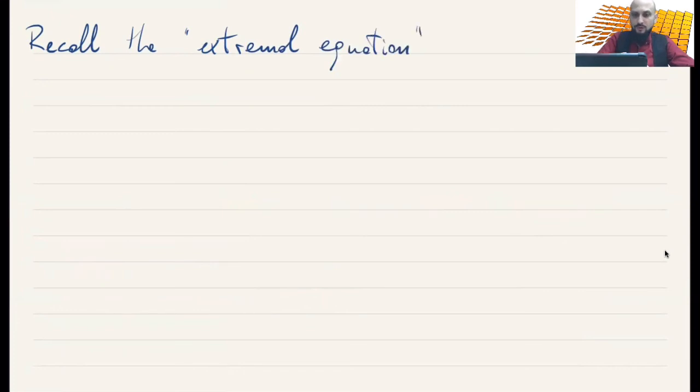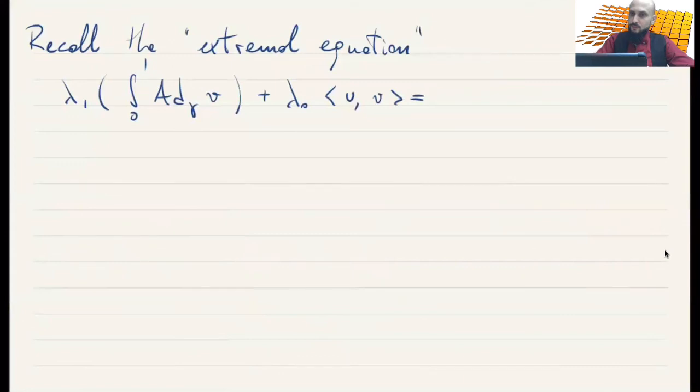It was the existence of lambda 1 and lambda 2 annihilating the image of the extended endpoint map plus lambda 0 uv equal to 0. So we got this equation for every control u giving a gamma that is an energy minimizer.